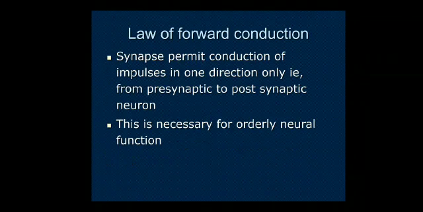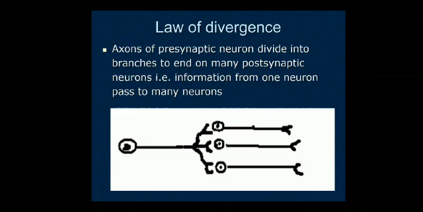Then the law of forward conduction: the synapse permits the conduction of impulses in only one direction, from presynaptic to postsynaptic, and that is important for the orderly function of the neurons. And the law of divergence and law of convergence.